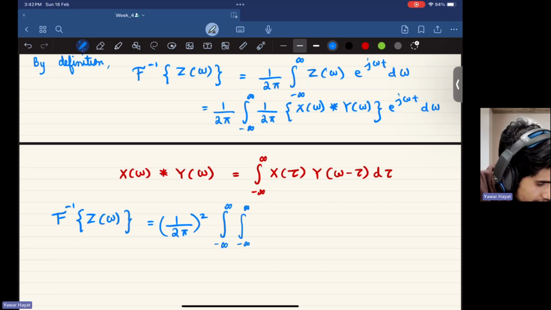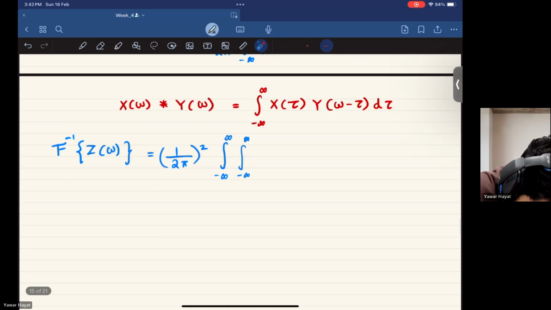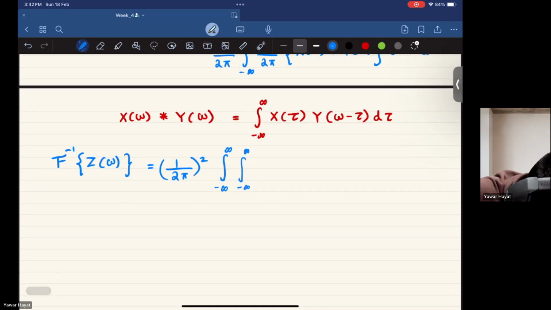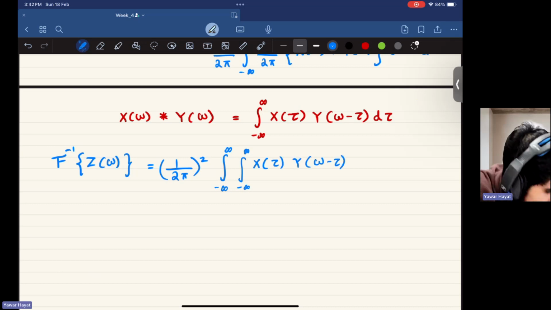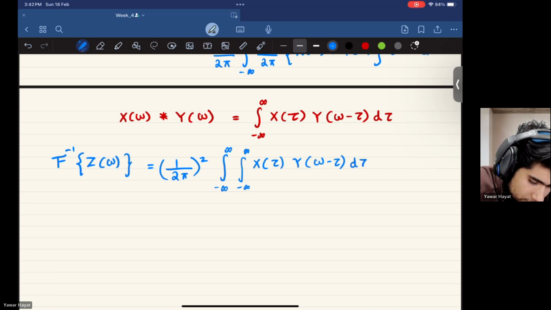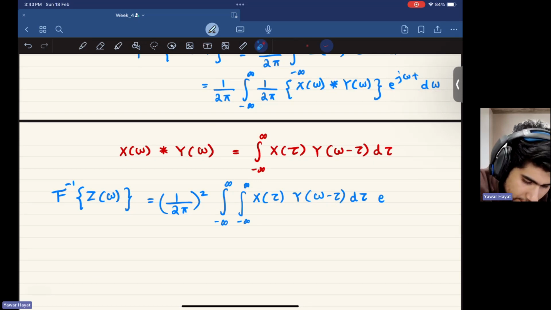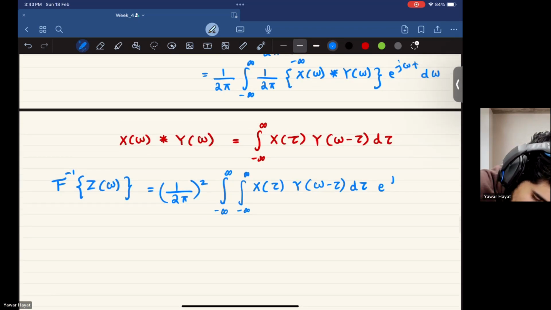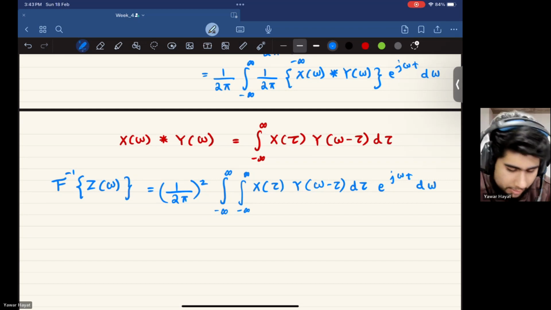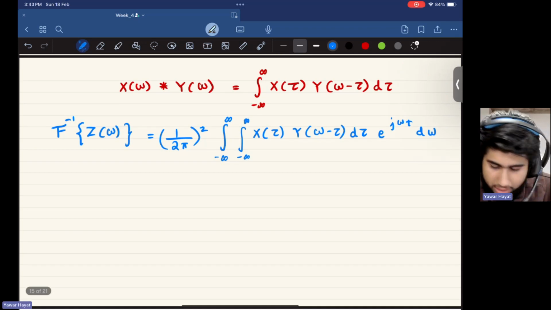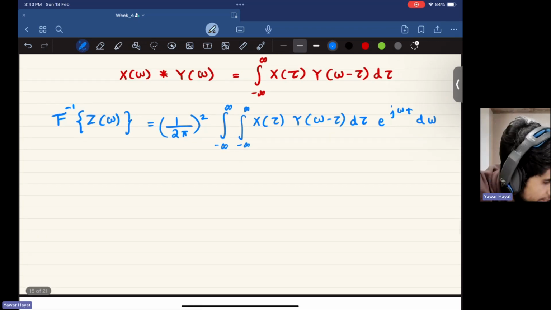And then I have X of tau, Y of omega minus tau, d tau, and this factor e to the power j omega t d omega. Okay, I guess everything should be okay up to this point.